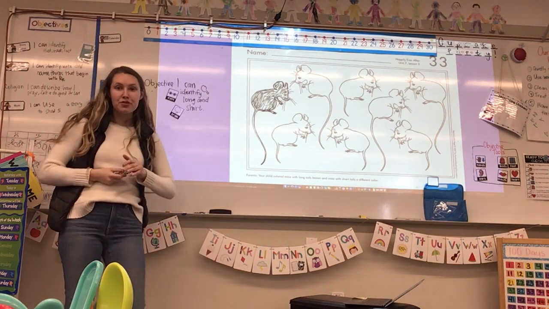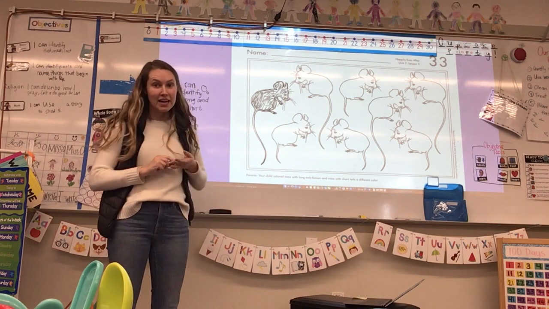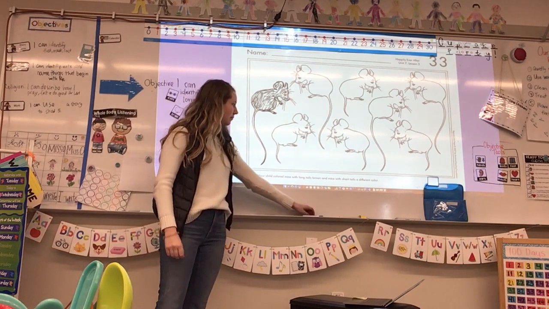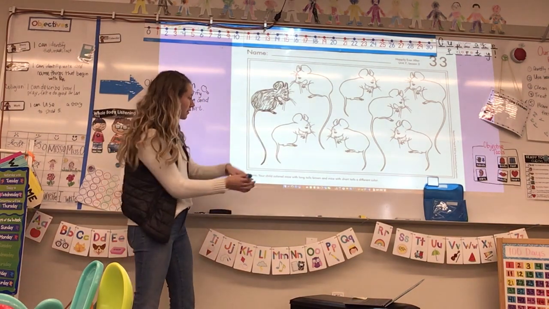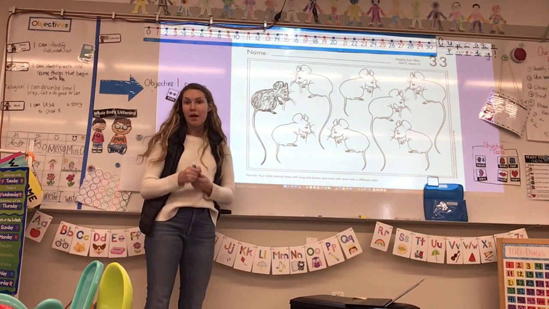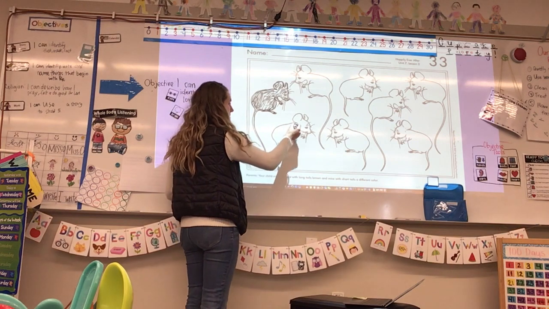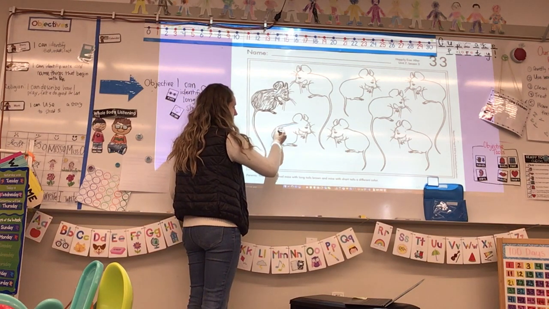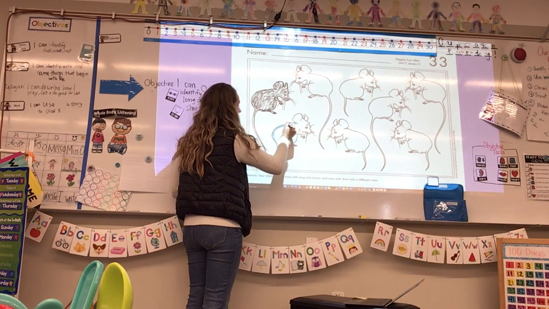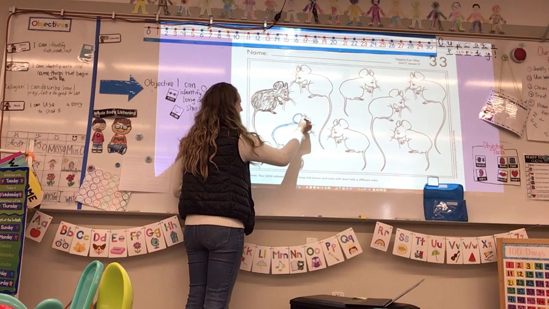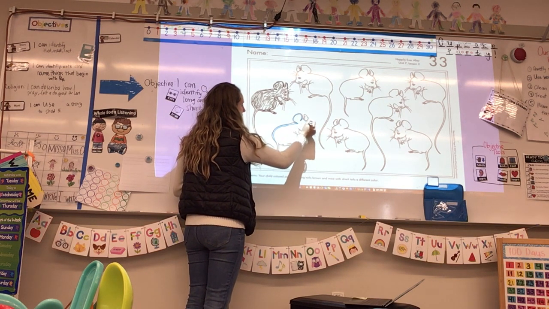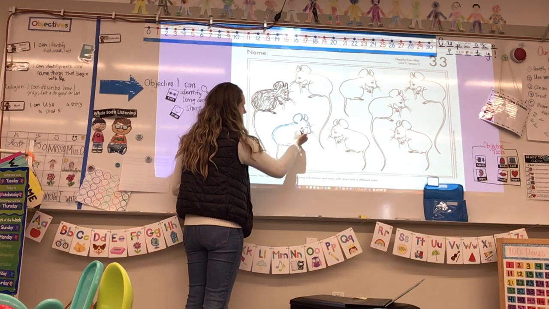Now for the mouse with the short tail, you can color it any other color you want. So I noticed that this mouse had a little short tail. So I have blue here. You can use any color crayon you want because it has a short tail. I'm going to color that mouse not in brown, but in a different color. So here I'm outlining my little mouse. And its little ears.